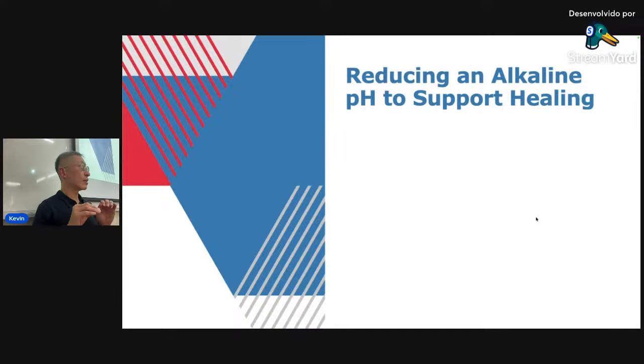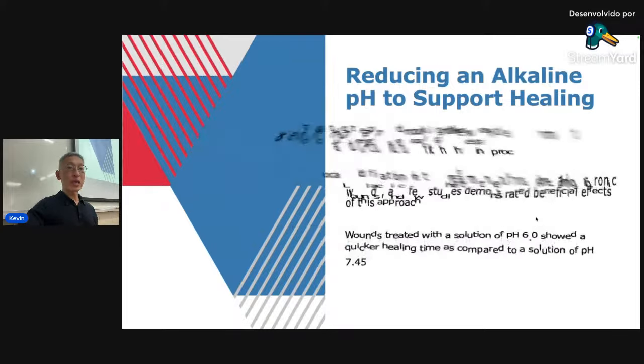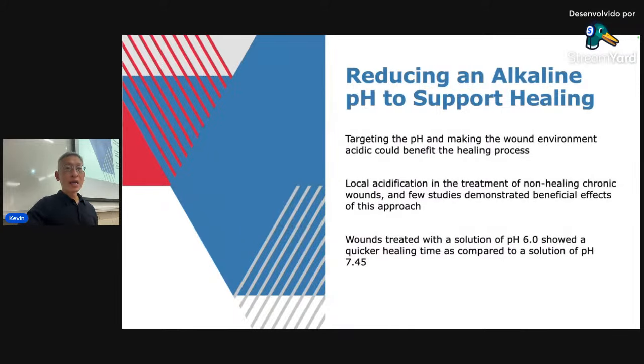So why do I keep coming back to talk about pH? Because by reducing the pH level on the skin, perhaps we can promote better wound healing. You can see in a lot of the basic science papers that by altering the pH level, making the wound bed or the peri-wound skin more acidic, you can facilitate fibroblast activities.